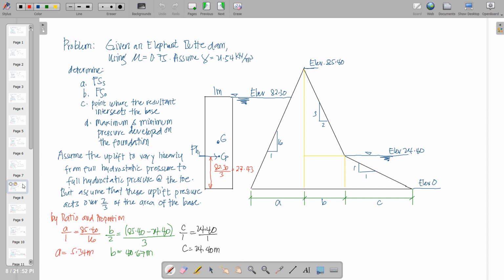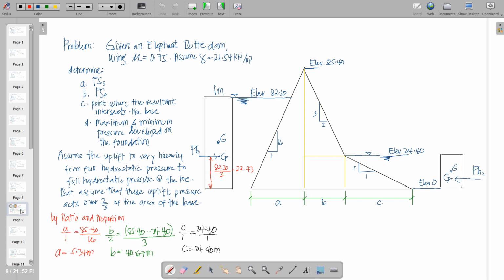The distance of this hydrostatic pressure is 1/3 of whatever the height is. So the height is 82.3 divided by 3, that is 27.43. Take note that this has a triangular pressure towards the dam.